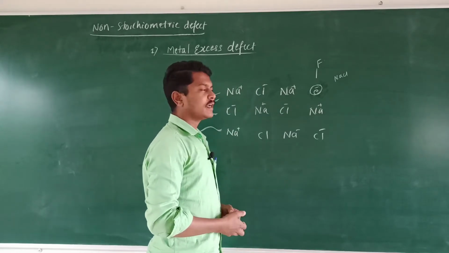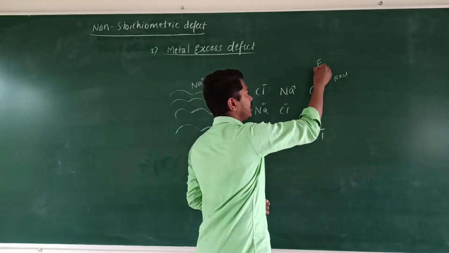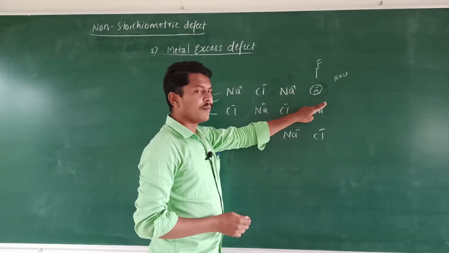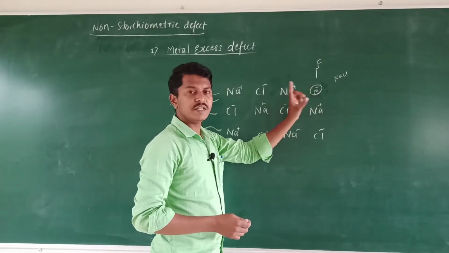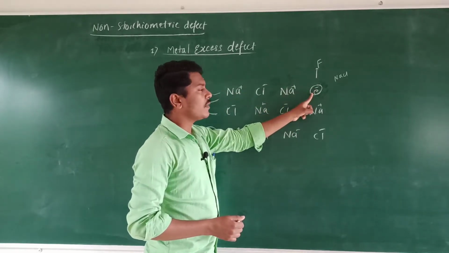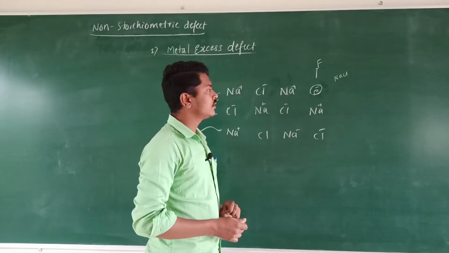What do you mean by F center? F center is nothing but the anionic site occupied by an unpaired electron, meaning a single electron.